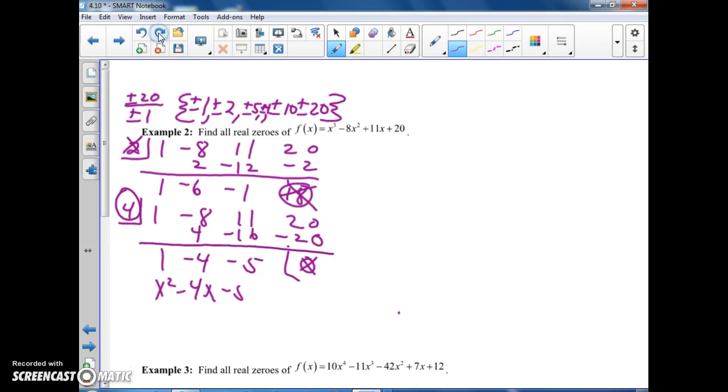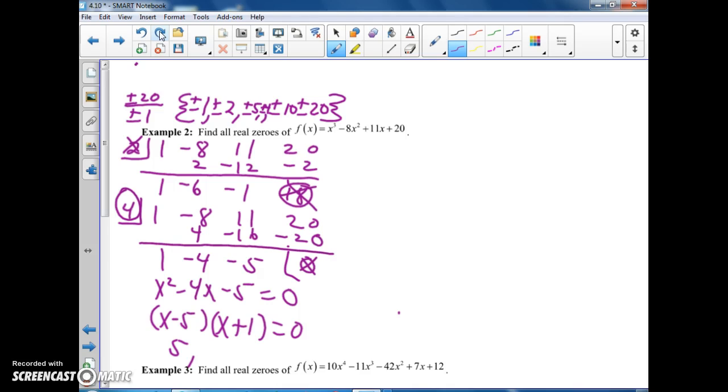Oh, look. Now I know what to do. Once I get it down to quadratic, what can you do now? Factor it, right. So what 2 numbers multiply give you -5, but add to give you -4. -5 and 1. So look what they did. This is old stuff now. Look, x minus 5 times x plus 1 is 0.